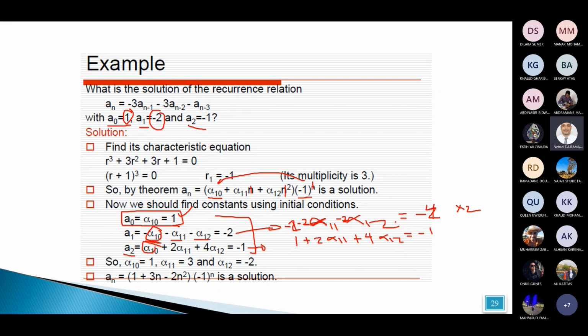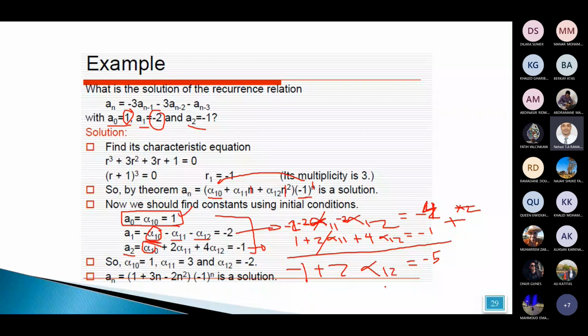I multiply everything by 2 because I need to make a summation for both. So minus 2 plus 1 minus 1, and 2α_{1,1} is gone. 4 minus 2, it's plus 2α_{1,2} equal minus 4 minus 1, it becomes minus 5.